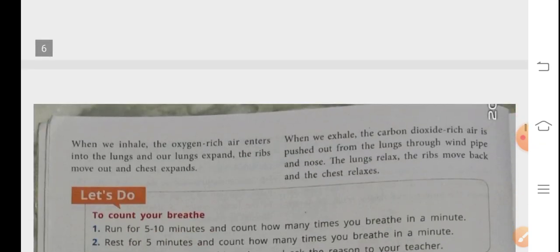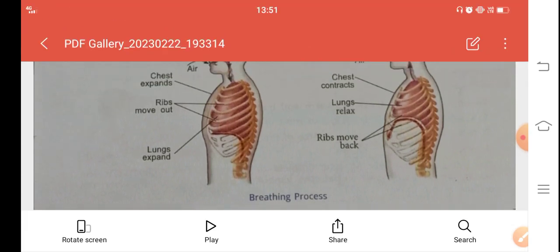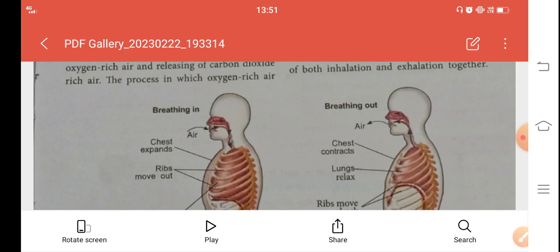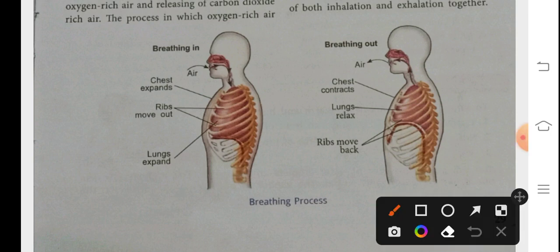Again, what actually happens in inhalation and exhalation? In inhalation, breathing in, air enters.